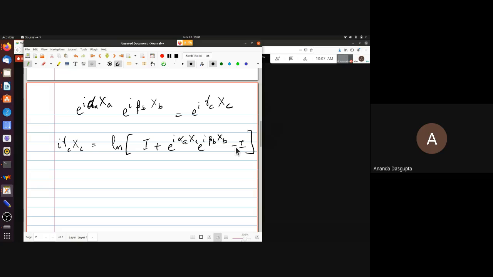When alpha and beta are small, this is going to be close to the identity. If you take away the identity from it, whatever you have here is going to be small, right? So because it's small and it's added to the identity, you can just use the Taylor expansion for log of 1 plus some variable.